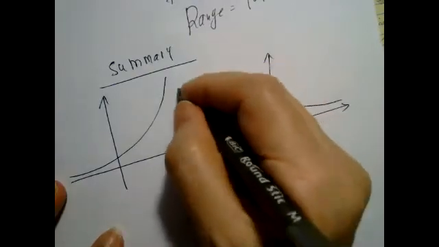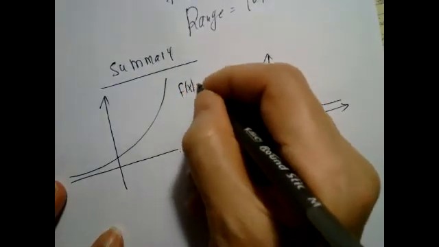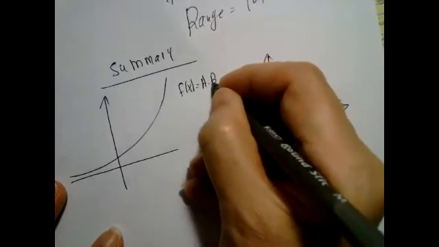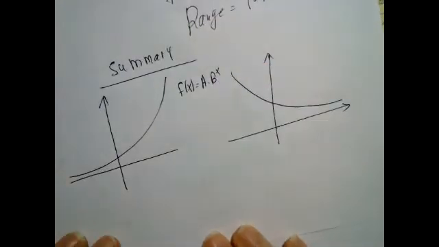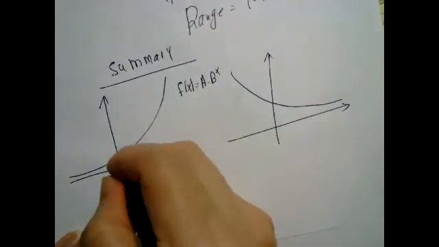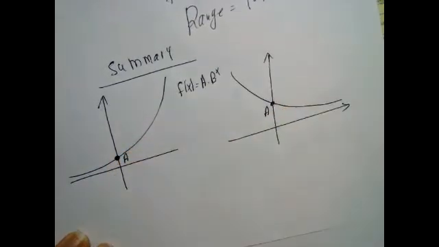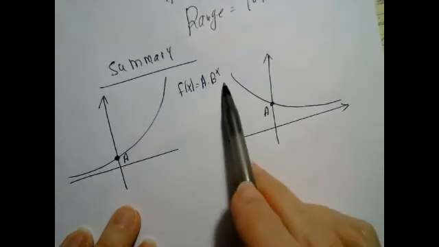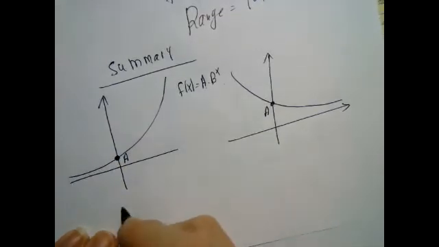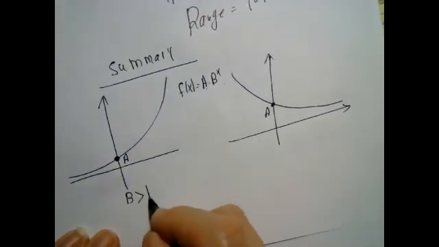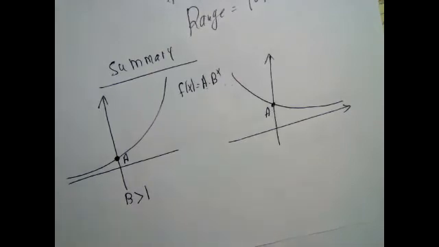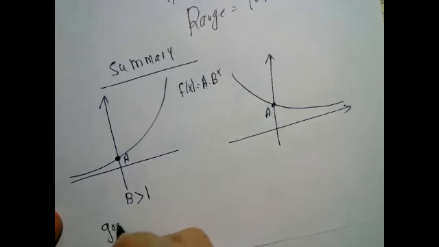So this is f of x equals a times b to the x. What's the determining factor? A is always the initial value. What determines whether it increases or decreases is the b. If the b is bigger than 1, it means I'm multiplying by a number bigger than 1, so the graph rises.